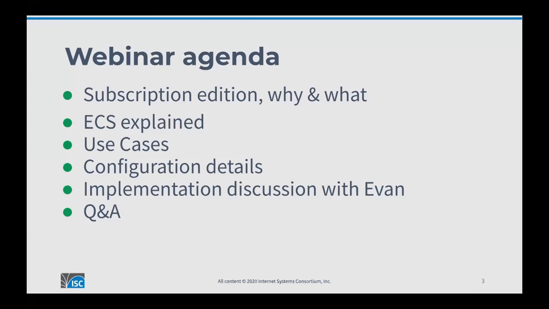One of the things that we get a lot is questions about configuration for features that are specifically in the subscriber edition, and there's less detail about that on the web. So part of this webinar is getting that out there in the public forum as well. And then, as I've mentioned, we'll have an implementation discussion with Evan, and then we'll take your Q&A.